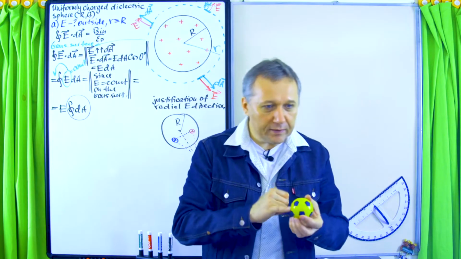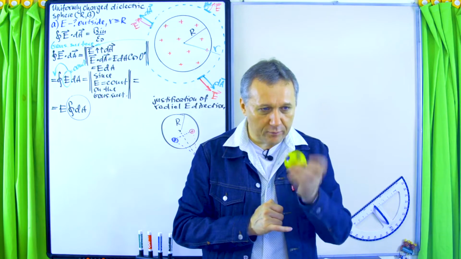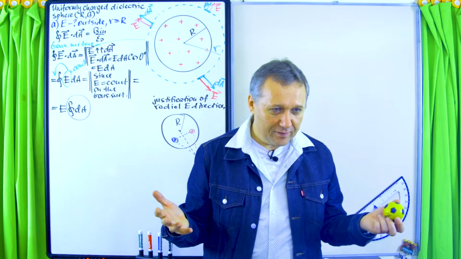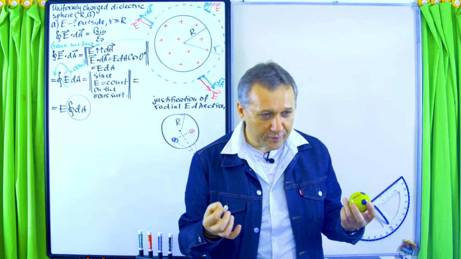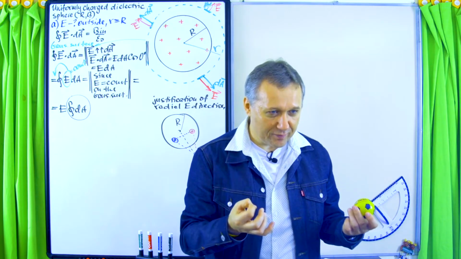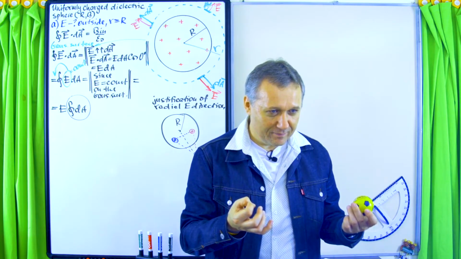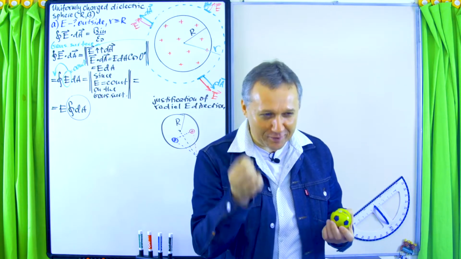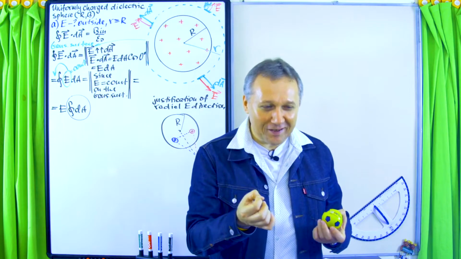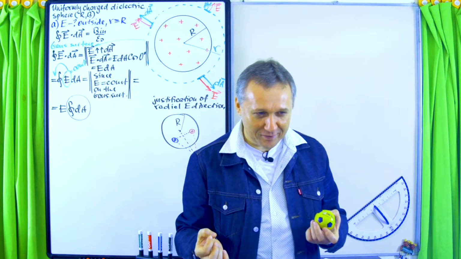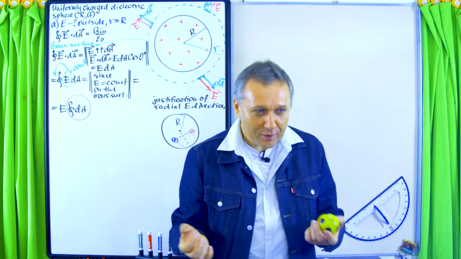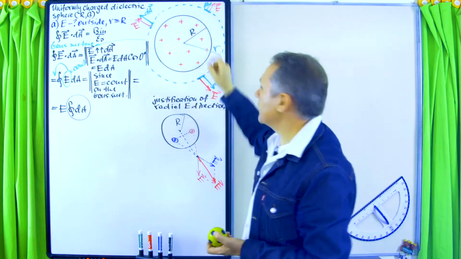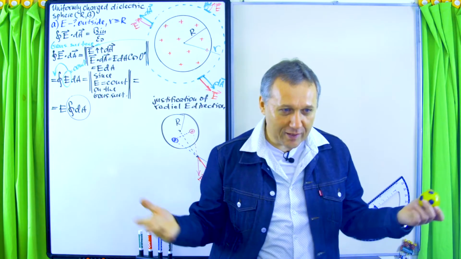When you complete the whole Gaussian surface, what are you going to get? The total area of the Gaussian surface. And of course, we know the radius of our Gaussian surface. It's r small.